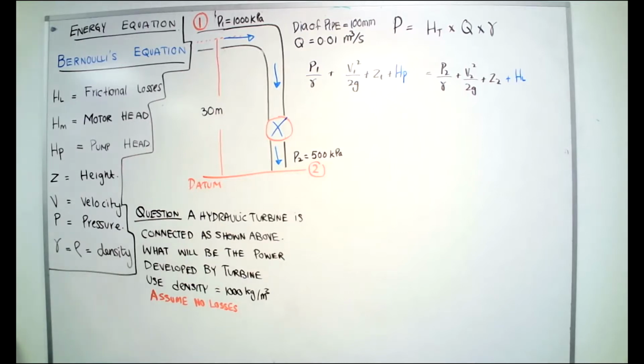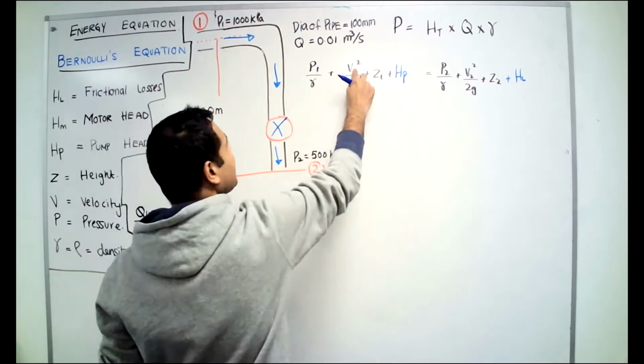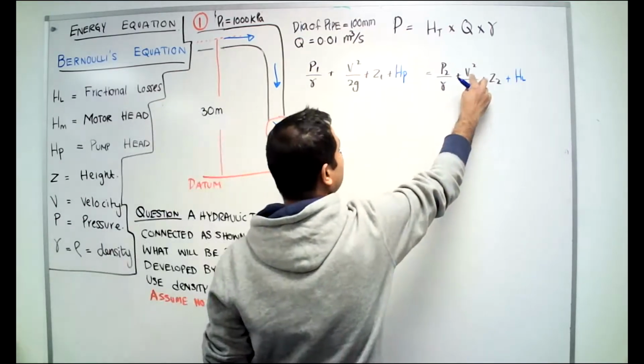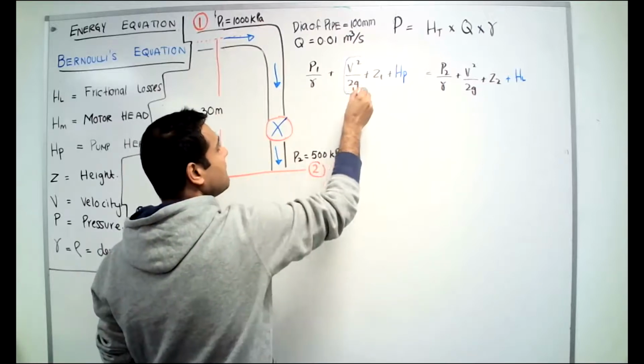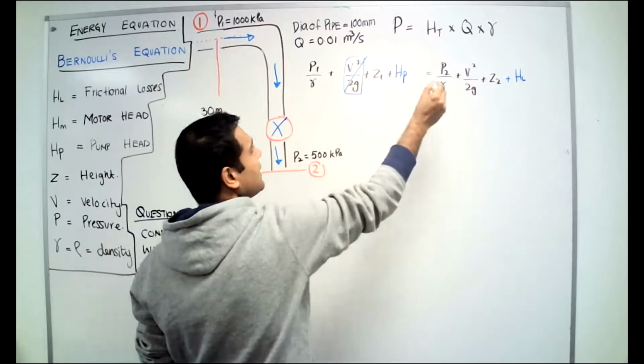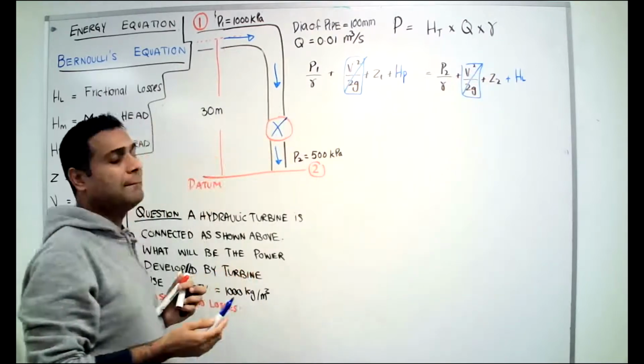So the V1 and the V2 are equal, which means I can get rid of this and I can get rid of that. If they are both equal, I can simply cross that one and cross that one.